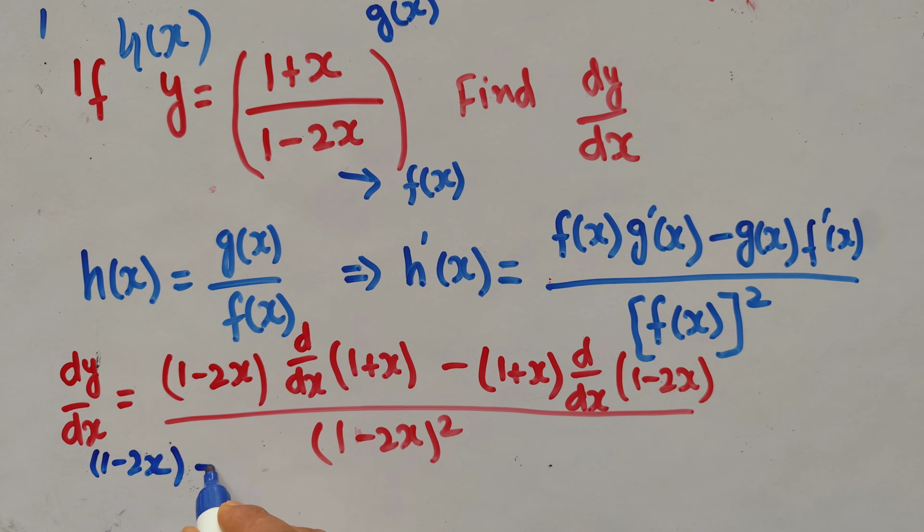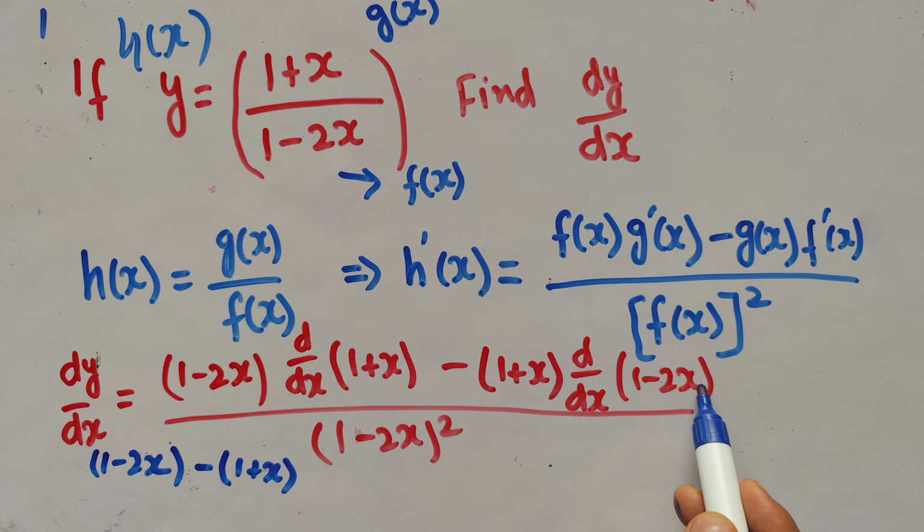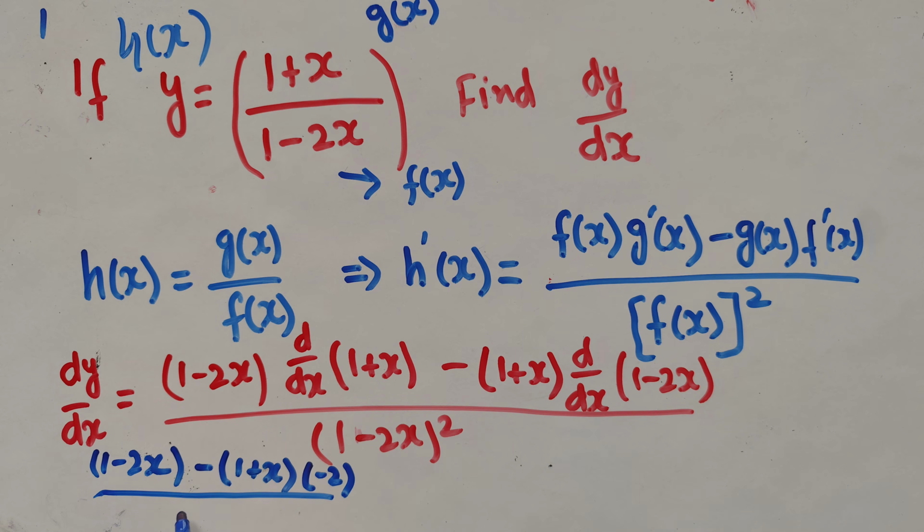Then we have minus 1 plus x, 1 plus x. The derivative of a constant is 0, the derivative of x is 1, so we are left with minus 2, and we divide by 1 minus 2x whole square.